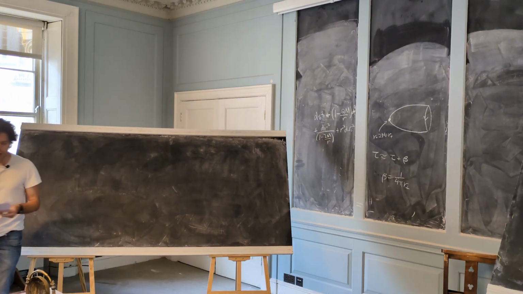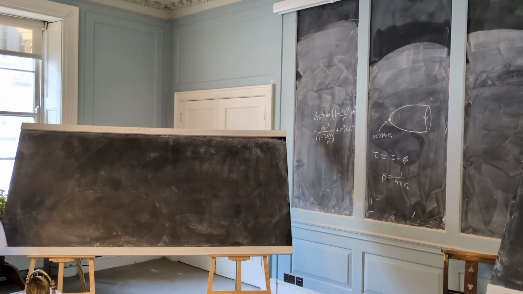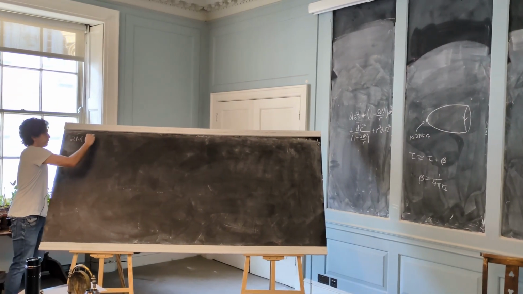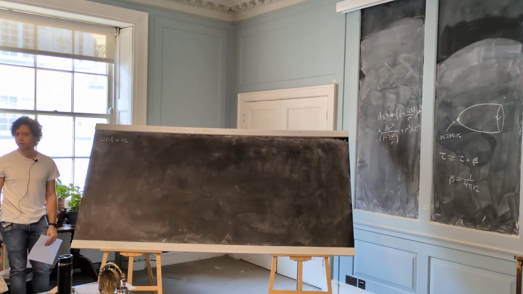Okay, so the thing that maybe should make you uneasy is the following. Remember that I wrote for you, well, you guys know this relation, that r plus is equal to 2M, right? This is the location of the Schwarzschild event horizon.